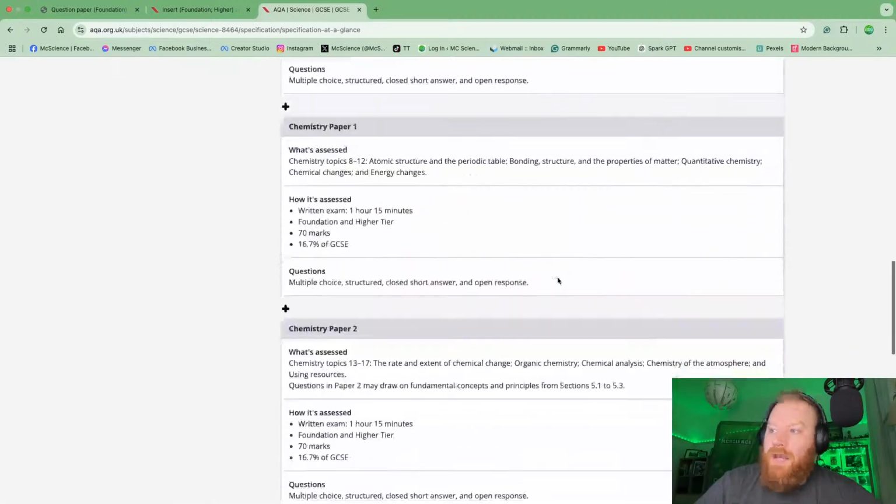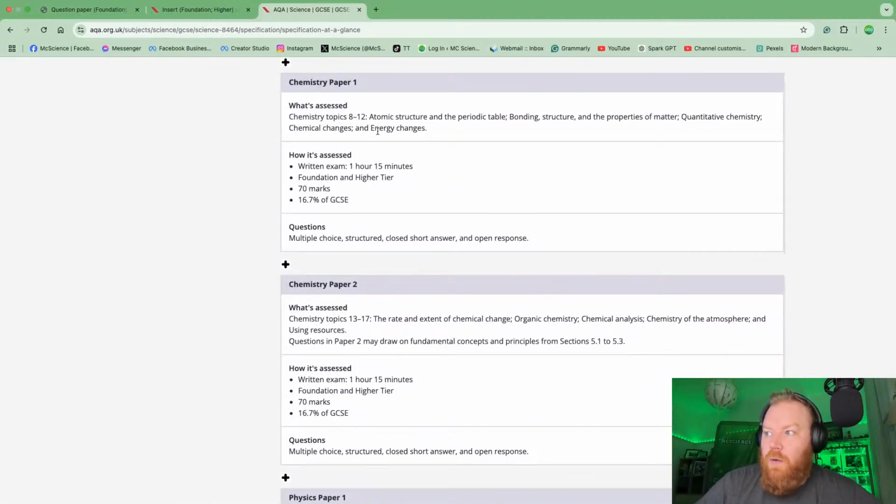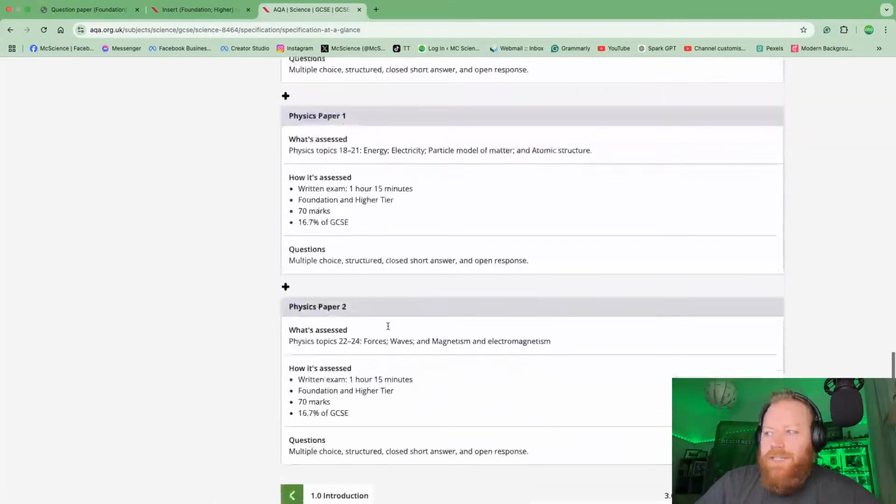So we can then see here we've got chemistry paper 1 and 2: atomic structure, periodic table, bonding, properties of matter, quantitative chemistry, chemical changes, and then our paper two, a whole different load of questions. And physics is exactly the same.